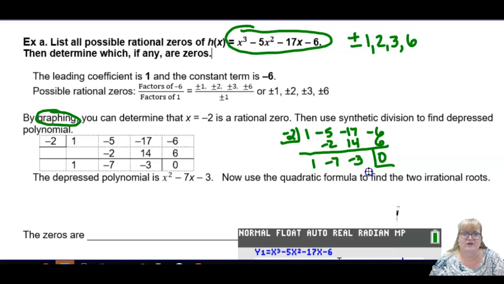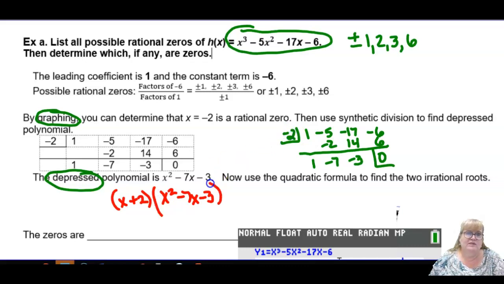I don't know if I used that vocabulary before, but the remainder is called the depressed polynomial. He's sad, anxious, depressed, right here, this guy. We know how he feels, right? Welcome to COVID. X squared minus 7x minus 3 is what we have left. We know there was also an x plus 2 factor because of this -2.